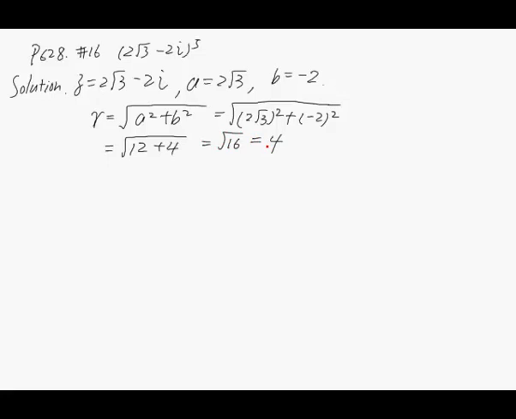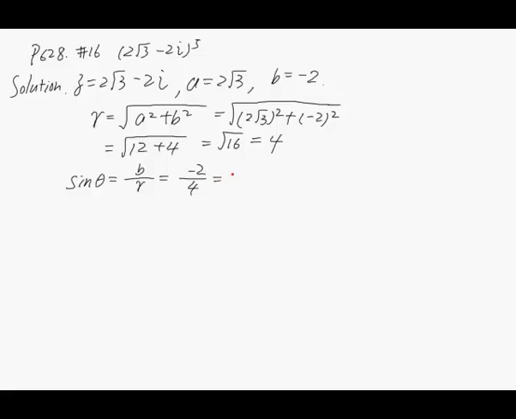So now we can find the argument. And before we see, the argument of a complex number is not unique, right? You can find actually infinitely many arguments for a complex number. But we just need one. So sine theta, we know this is equal to b over r, and this is equal to negative 2 over 4.